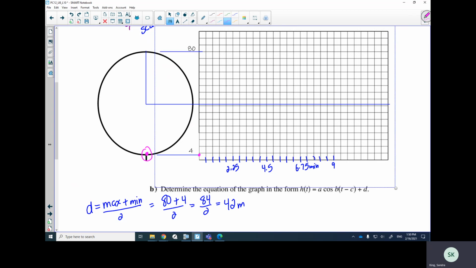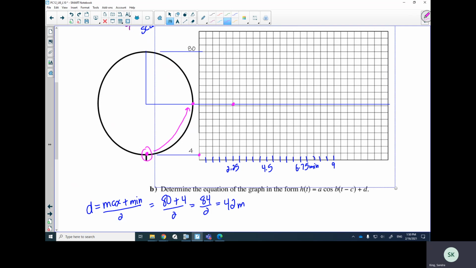Then they travel a quarter of the way around the wheel, and they're right here, which is on the midline. Now, how many minutes did it take them to get here? If it takes 9 minutes to go all the way around, what is a quarter of 9? Or what's 9 divided by 4? 2.25. So at 2.25, they are at the midline.